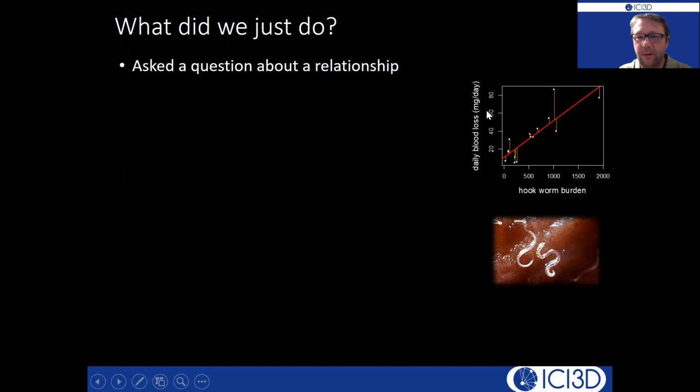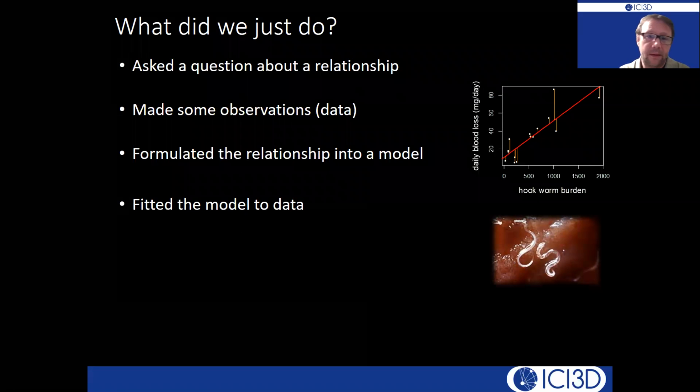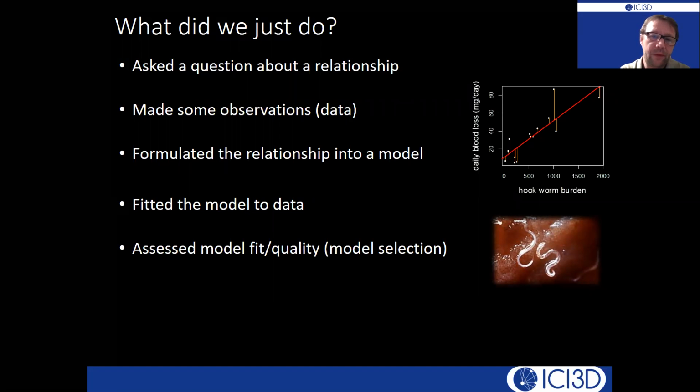That's a good overview of fitting statistical models. We asked a question about a relationship, daily blood loss and hookworm burden. We made some observations, we collected some data, and we created a scatter plot. We chose to fit a line to the data. And we asked how well does it fit? Does the line do a pretty good job? And we answered some research questions.